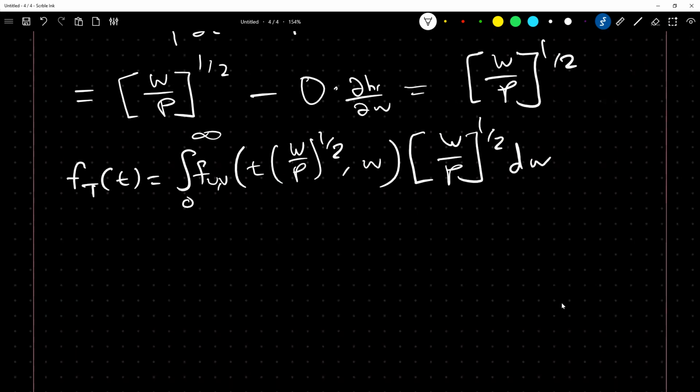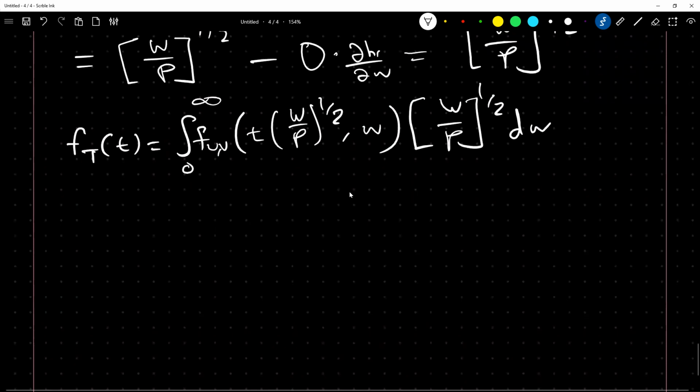And then integrate with respect to dW. Great. Okay, so here's the transformation. The Jacobian transformation is W over P to the 1/2 power. And so our marginal PDF of T is given by this expression here.